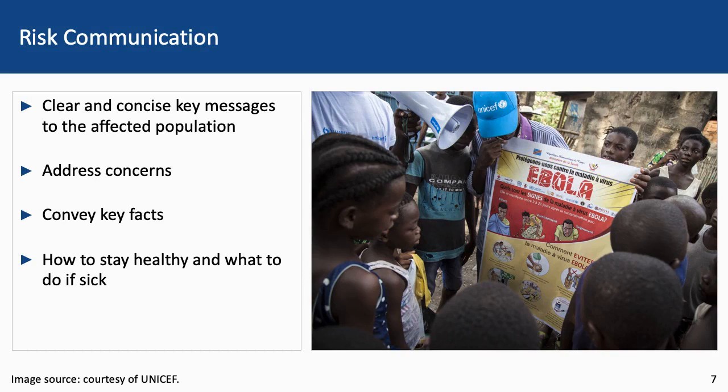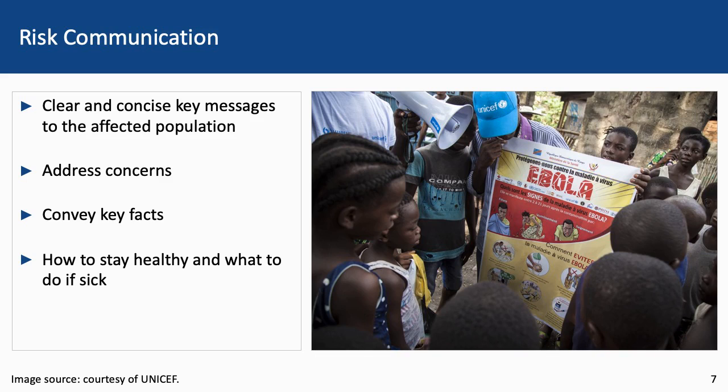Since all outbreaks rely on an informed population willing to engage in effective prevention practices, risk communication is an essential strategy. It involves providing clear and concise key messages to the affected population. A common mistake occurs when outbreak communication is only one direction, from responders to community. It is critical for any outbreak response to engage, hear, and address concerns raised.